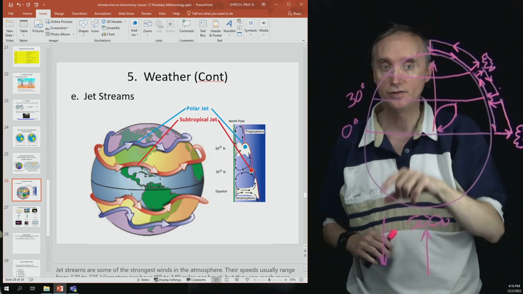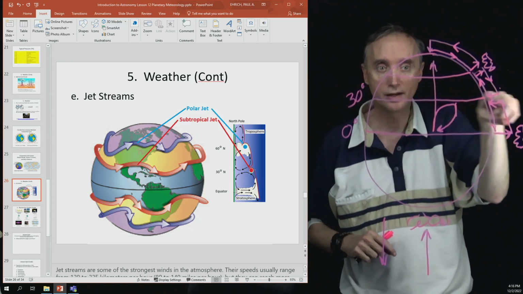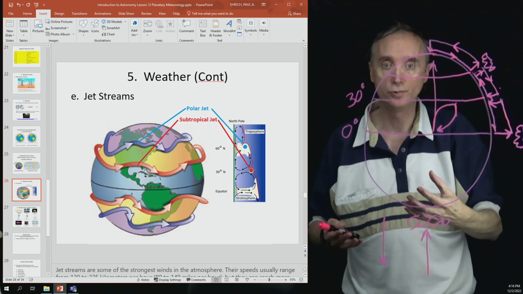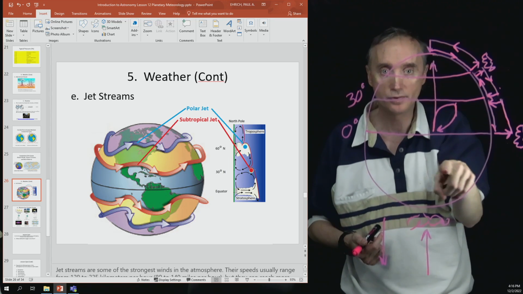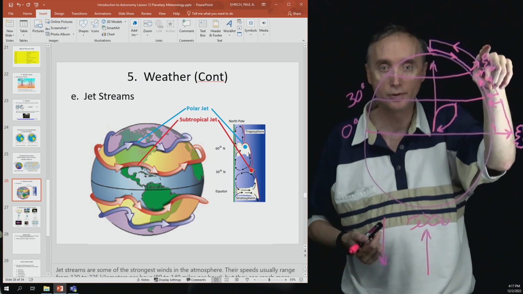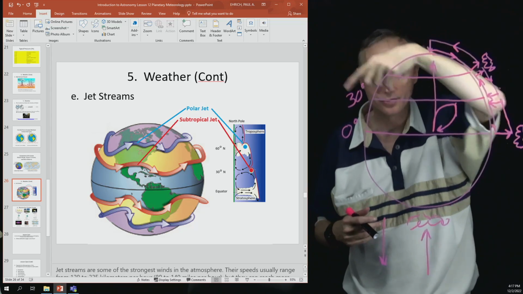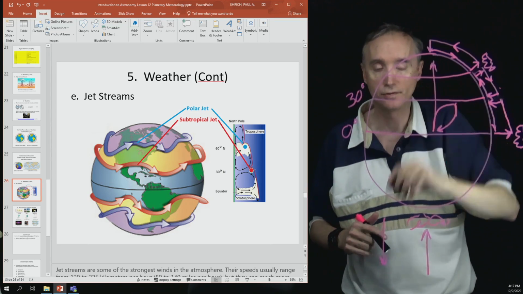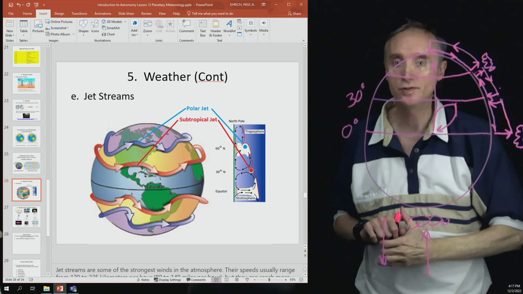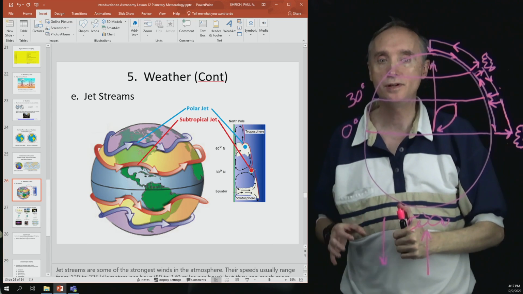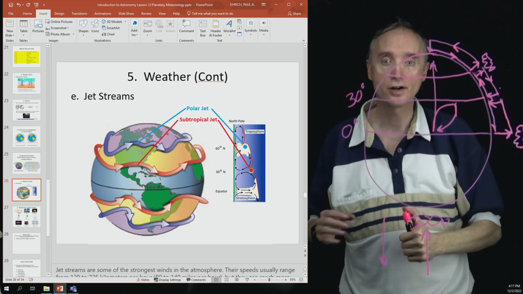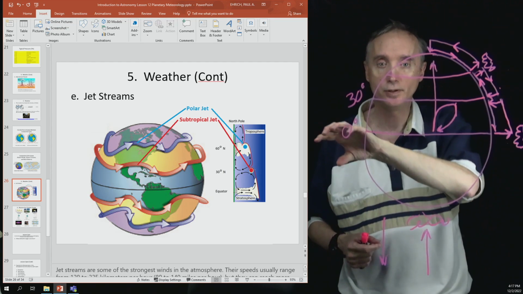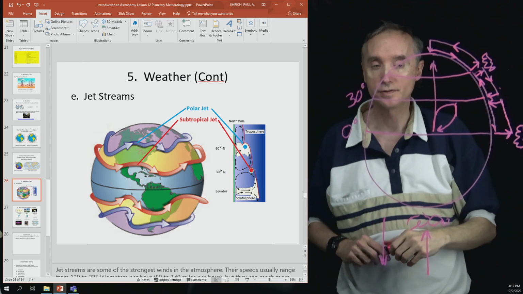Now they don't go sideways, so they kind of act like a river, which means that sometimes they dip down and then sometimes they go up again, but on average they're hovering around 30 and 60 degrees latitude. Now why are these important? Because high and low pressure systems get caught up in the jet stream, and then they can be pushed across the continents.